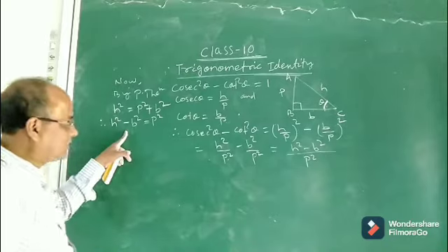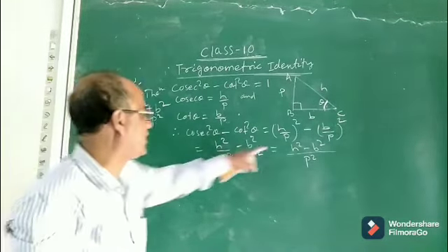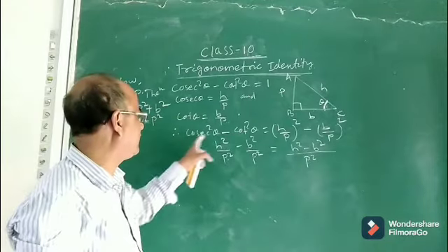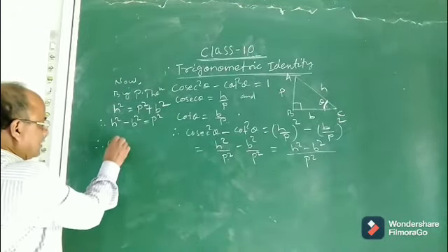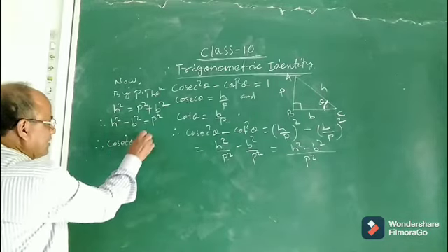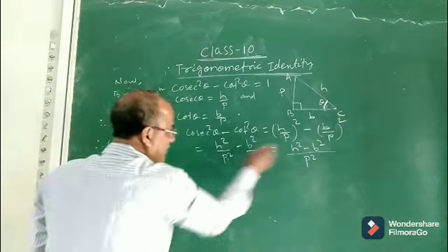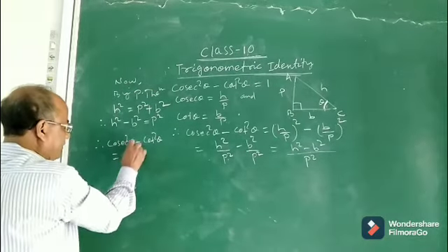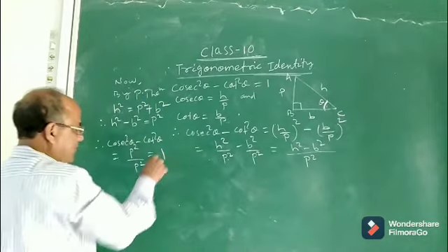Now put the value of h square minus b square here to get the value of cosec square theta minus cot square theta. Therefore, cosec square theta minus cot square theta will be h square minus b square over p square. In place of this we will write p square by p square, and p square by p square is 1.